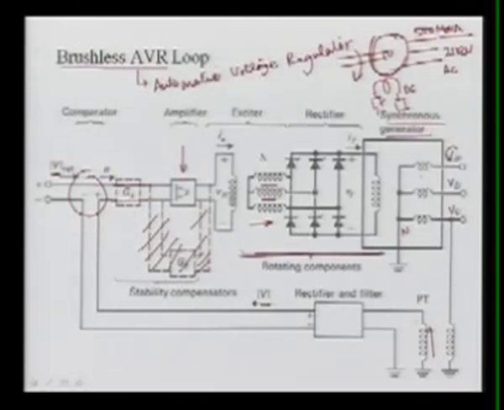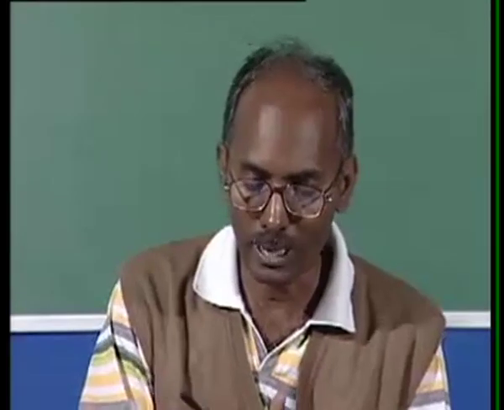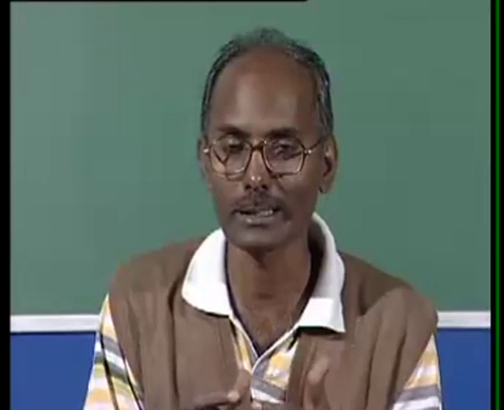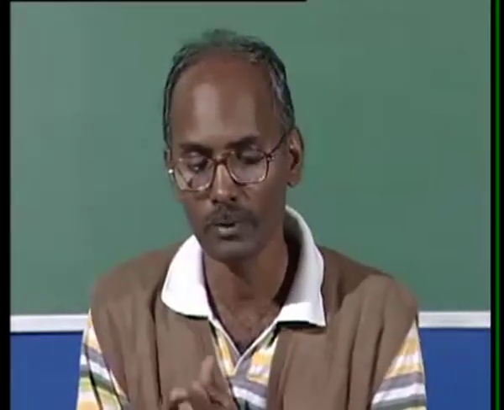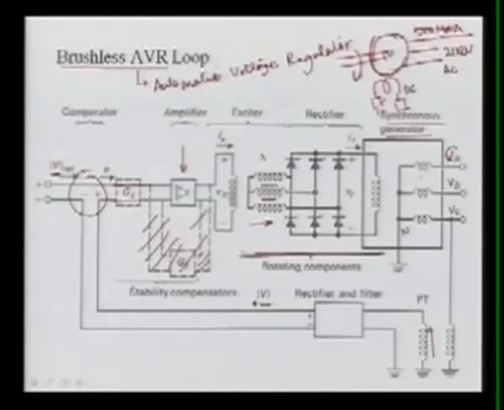Now to see its performance, to see whether we require some stability compensation devices or not, we have to model each and every component. We have to model the amplifier, the exciter, and this synchronous alternator dynamics. The rectifier dynamics is very fast, so there is no need to model it. We can directly take this current here, and we will see the time constants of rectifiers are very, very small compared to the others, because this is a rotating mass.